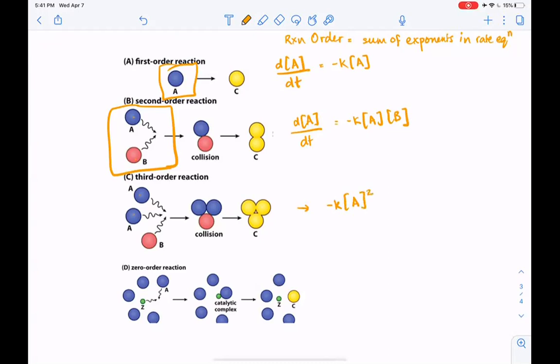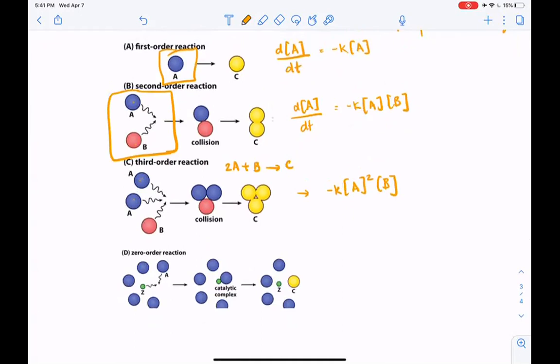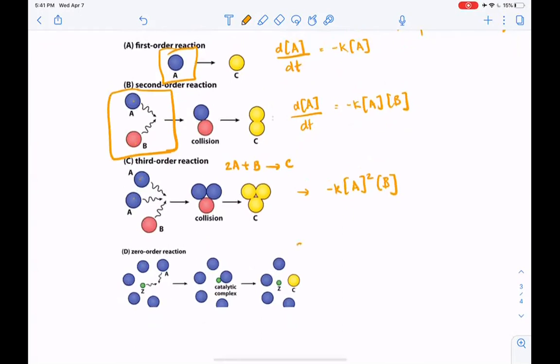So it's going to be concentration of A squared times concentration of B. And if we had to write out a stoichiometric equation, it would be 2A plus B, giving you 1 molecule of C.